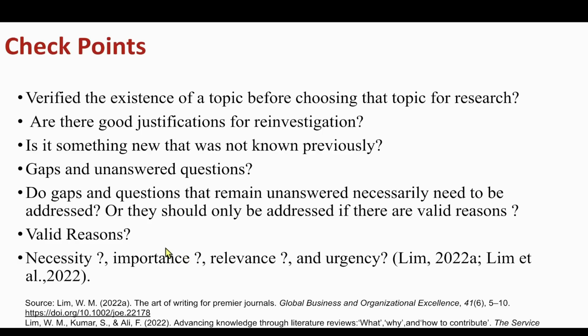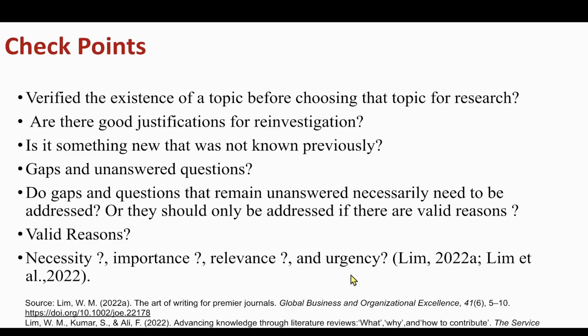Then comes the importance, how important the research objectives which we are going to take or study are. Then comes the relevance part, how it is going to impact, because we are solving a problem via research, and how the solution of that problem is going to create an impact, the relevance.